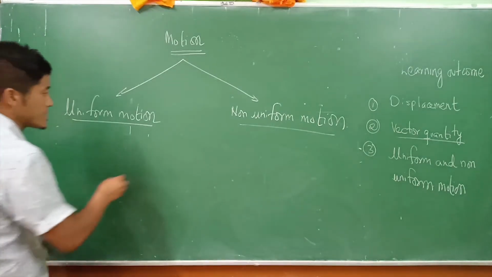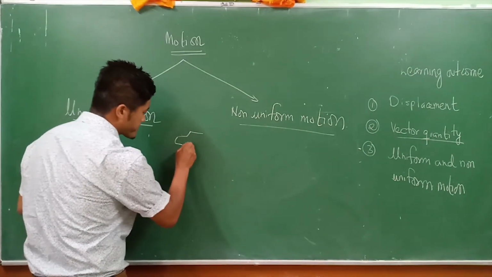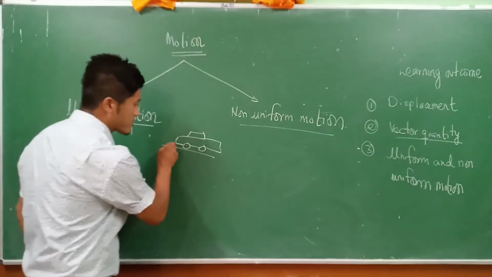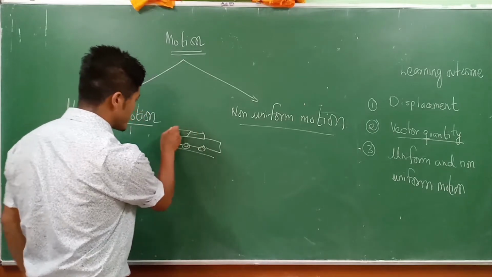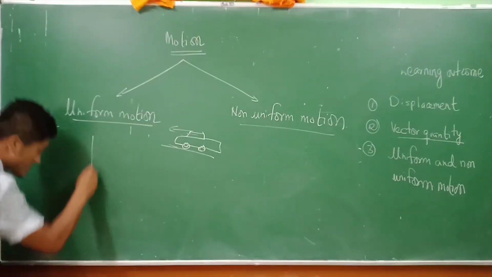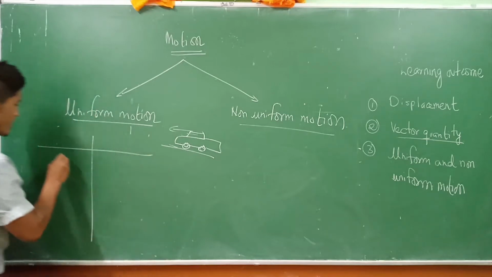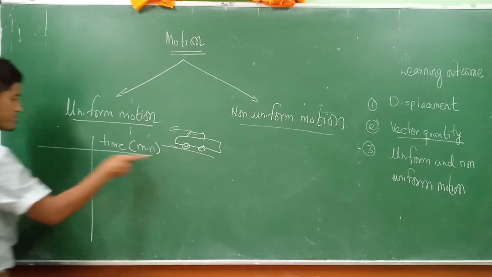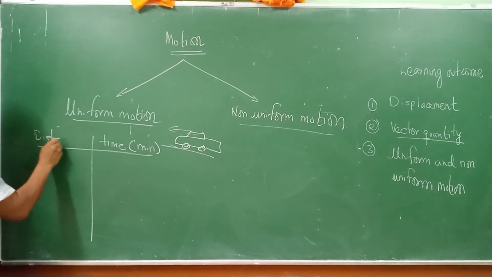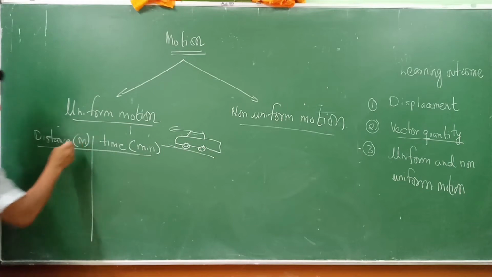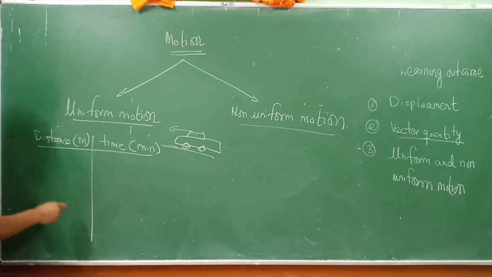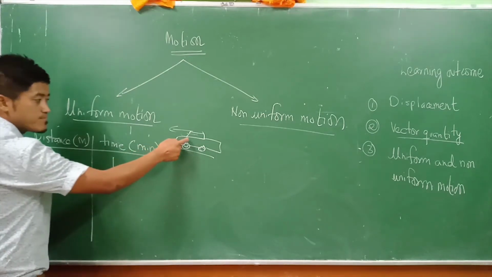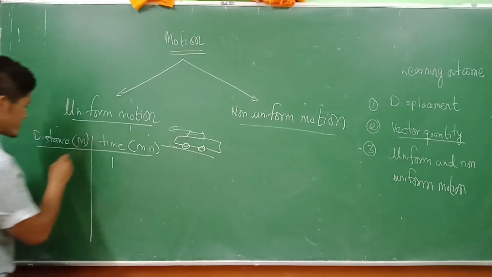Let's suppose, imagine, there is a car. This car is moving. Let's give the time in minutes and the distance in meters. Let's suppose in 1 minute, this particular car covers 10 meters.